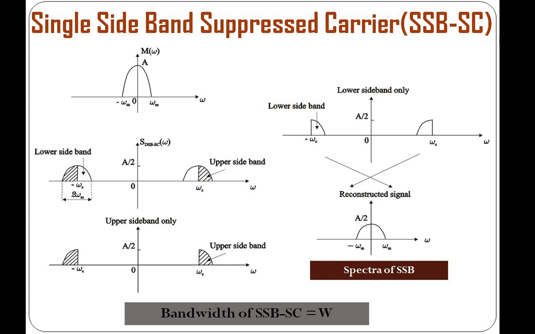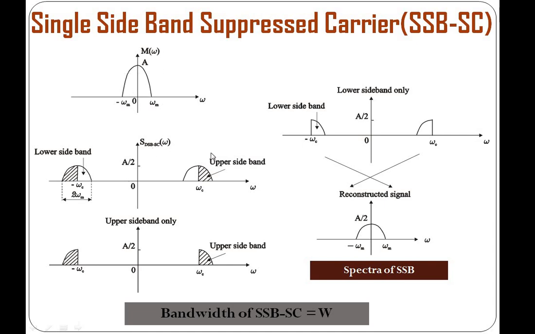Here as we are suppressing one of the sidebands, your bandwidth will also be decreased. So now the bandwidth of your SSB signal becomes omega. Instead of 2fm or 2 omega, we are getting only omega, which means your bandwidth is also decreased.